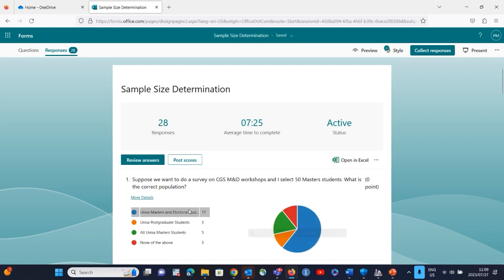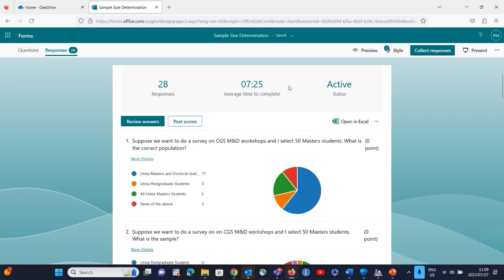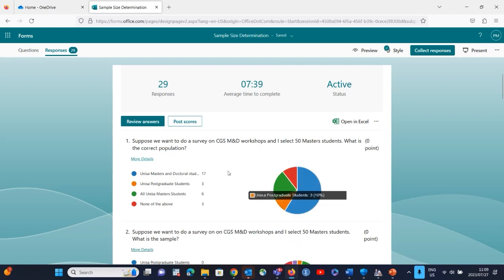So it excludes the first one. Then the second one, UNISA postgraduate students, given the explanation I've provided, is also excluded. All UNISA master students is also excluded, right? Because it doesn't mean that you are a master student, you've attended. So it is none of the above, because you need to have the knowledge.